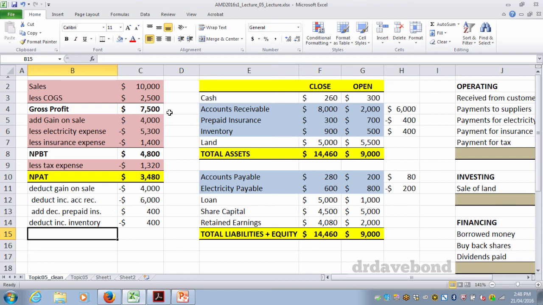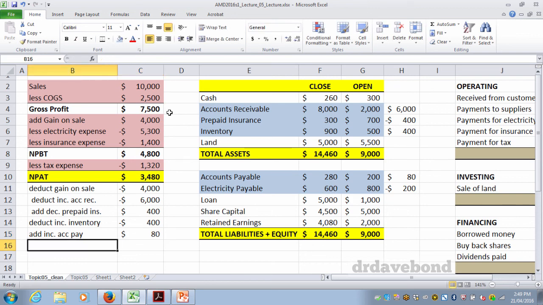If your accounts payable has gone up, it means you owe people more than what you started with, which means you haven't paid them as much cash as you should have. So accounts payable has gone up, so that means it's increasing. That means we add an increase in accounts payable, and that's 80.